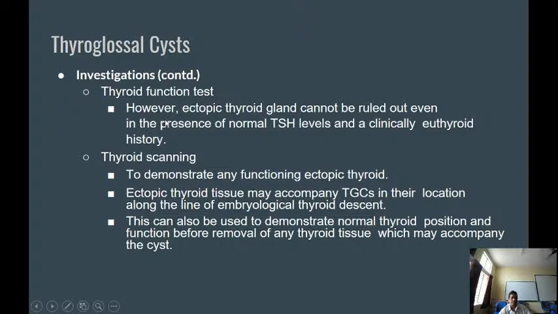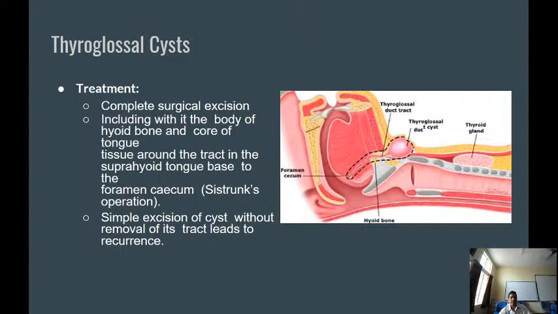So in order to know that, you do an ultrasound and a thyroid scan to find out if it's an ectopic thyroid, which may be present right from the foramen cecum intraorally along the midline right up to the neck down. So the thyroid scan is the one which gives you the diagnosis whether it's a cyst or ectopic thyroid gland.